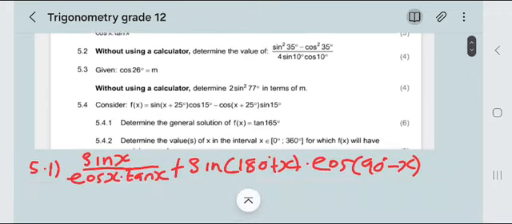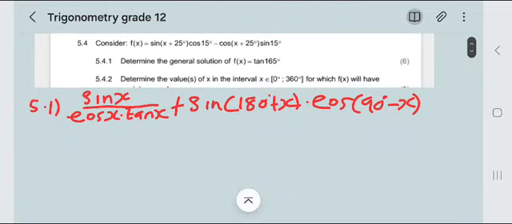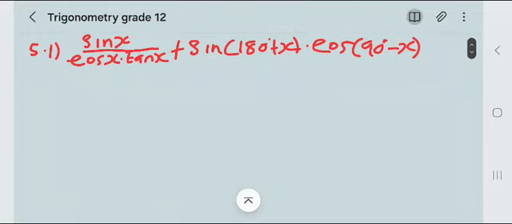This is what we have there. It's 5 marks, right? So we can simplify this.